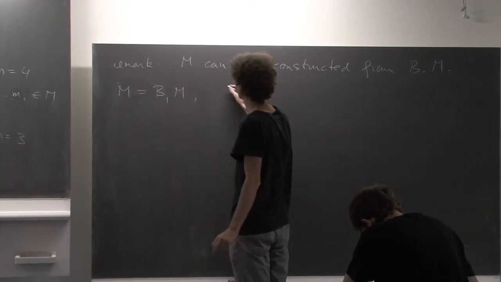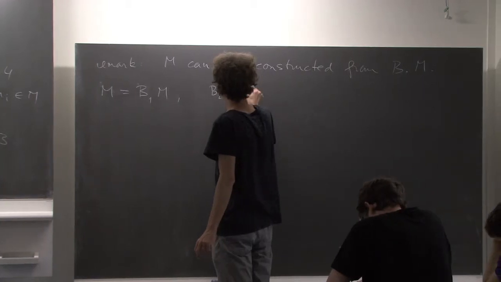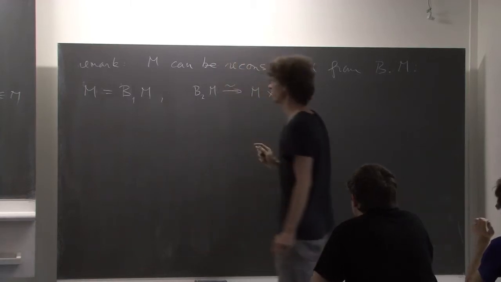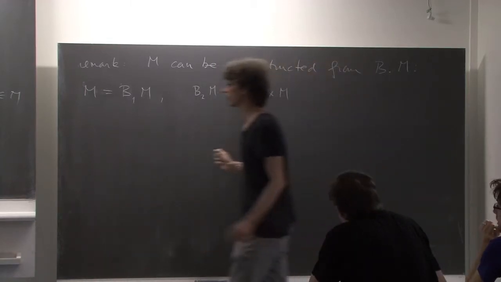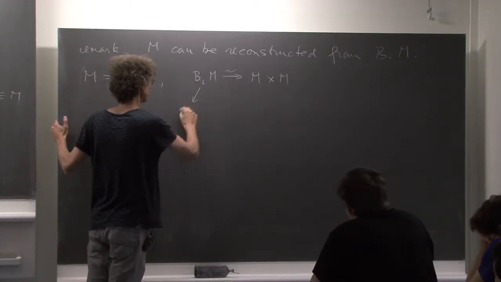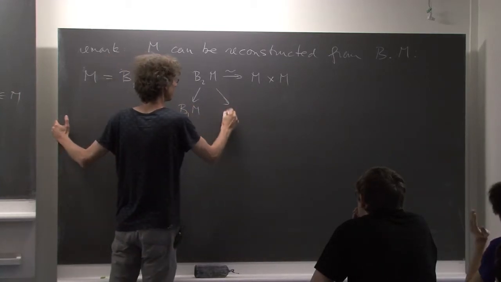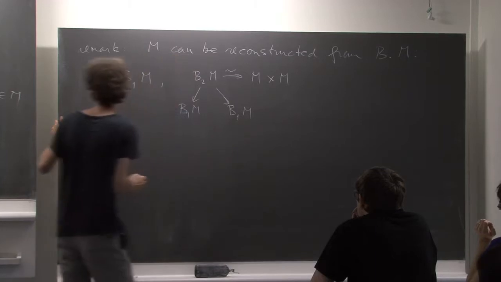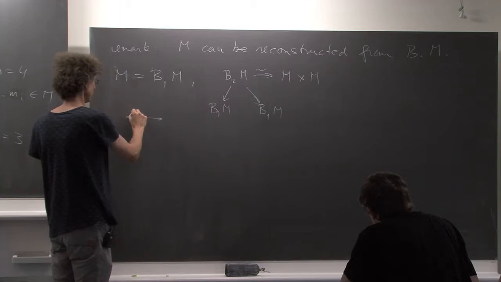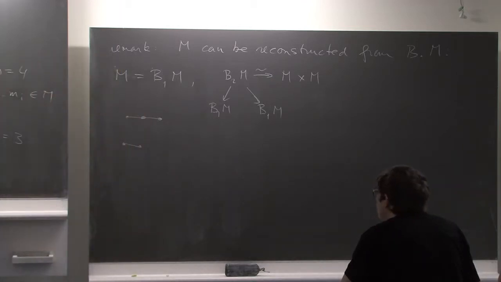Now we can obtain a bijection between B2 of M and M times M. How does it work? Just imagine that there are two natural maps going to B1 M. One of them is this.